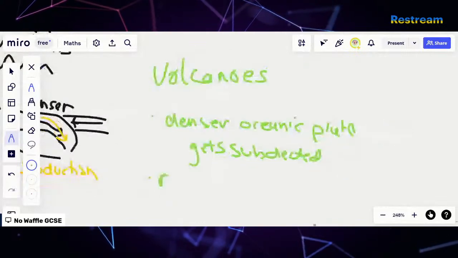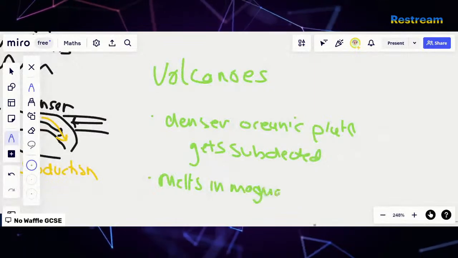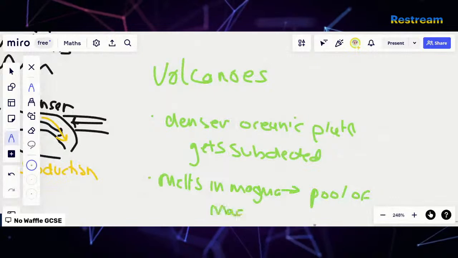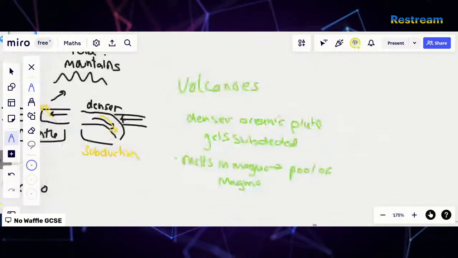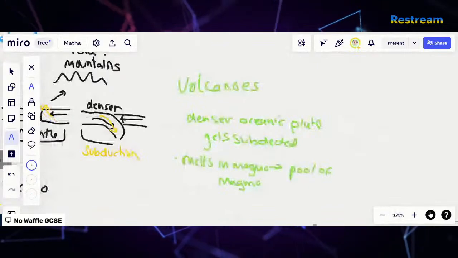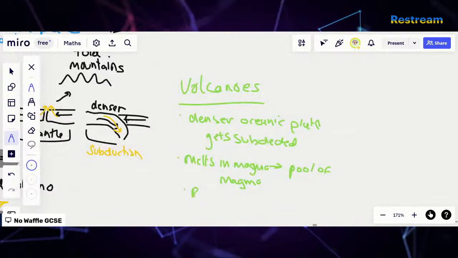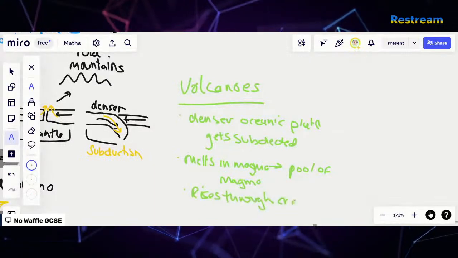And then after this happens, it melts in the magma due to the heat and forms a pool of magma. And then this pool of magma rises through the cracks called vents. So it rises through cracks in the crust.